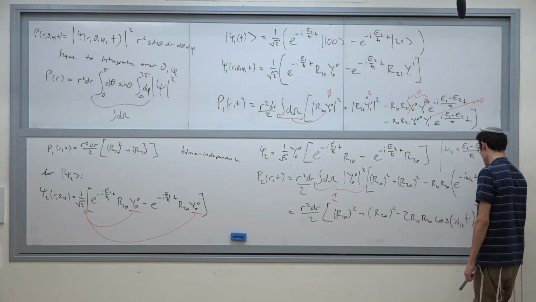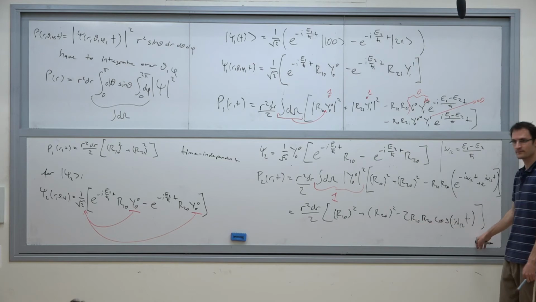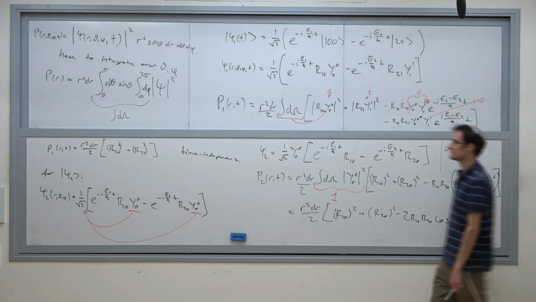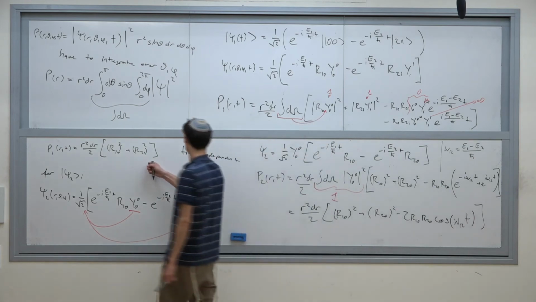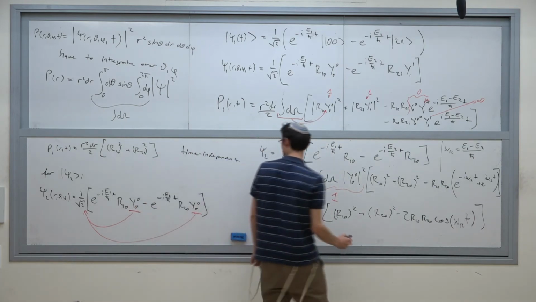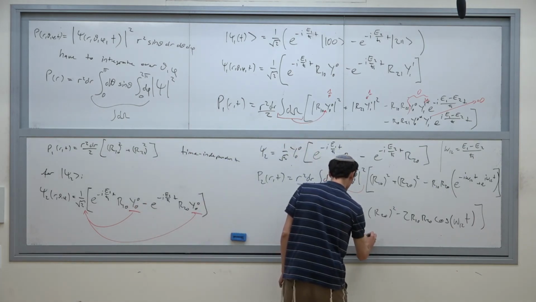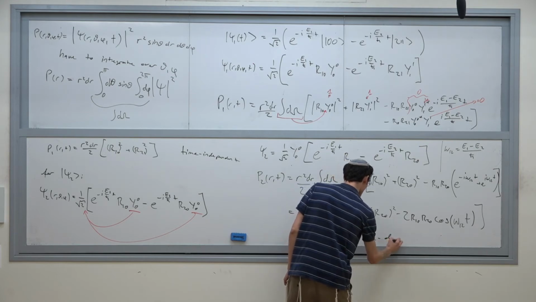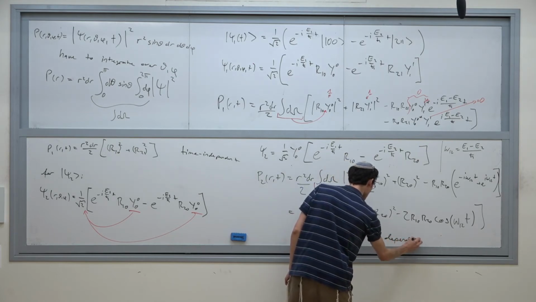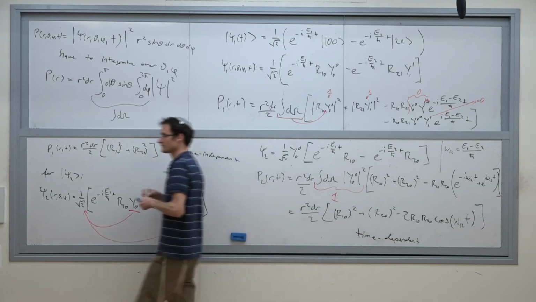So now you see that you get this interference term, which is time dependent, which you did not get in the first case. Why did this happen?